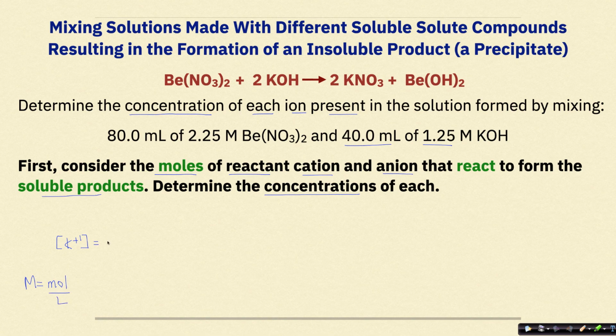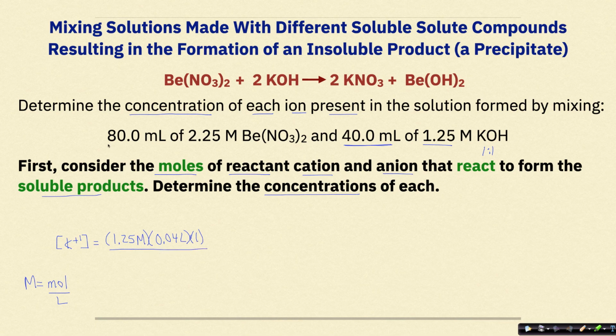So I take that molarity, 1.25 molar, and multiply it by its volume, 40 milliliters, which I'm going to change into liters, 0.04 liters. And I know that the ratio of potassium to hydroxide is 1 to 1, so there's 1 mole of ions associated with this. And then I'm going to divide it all by the total volume.